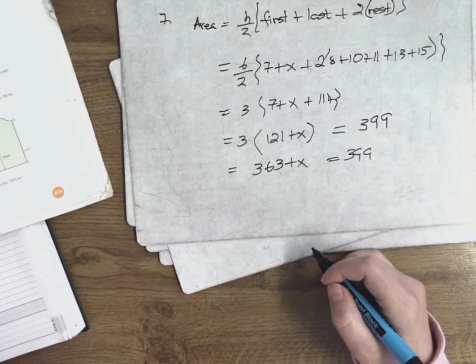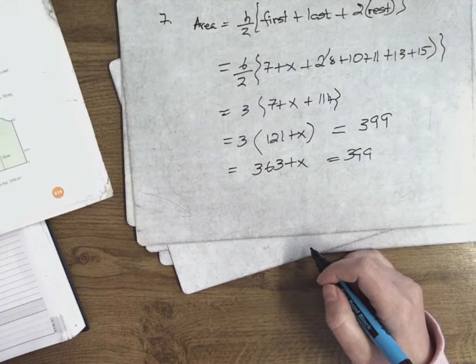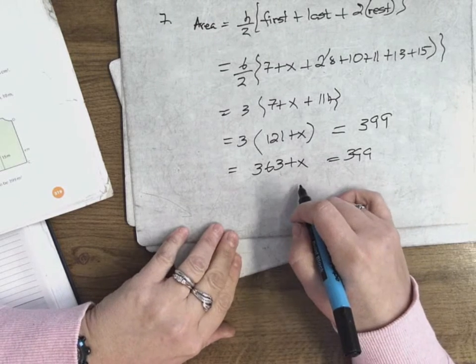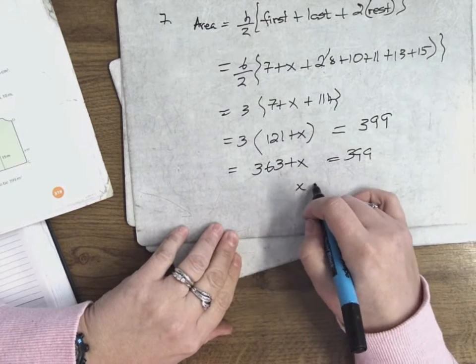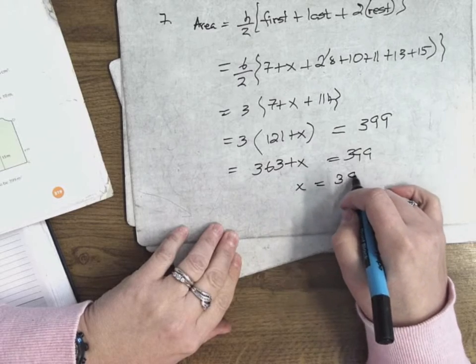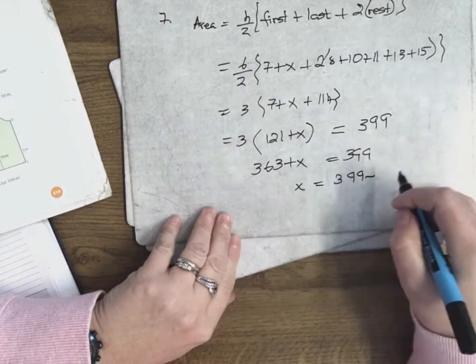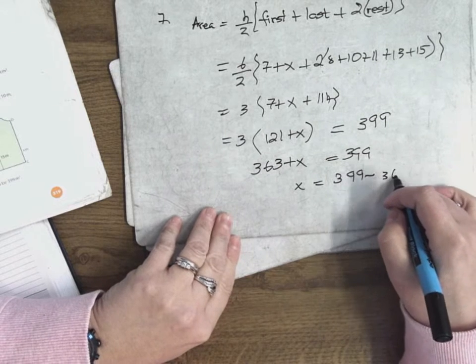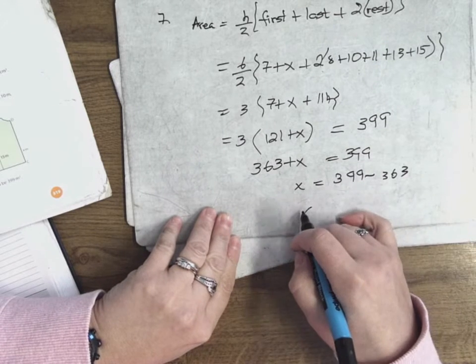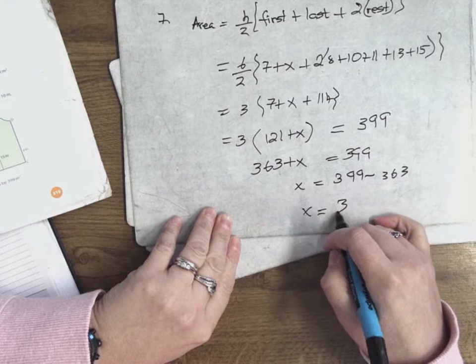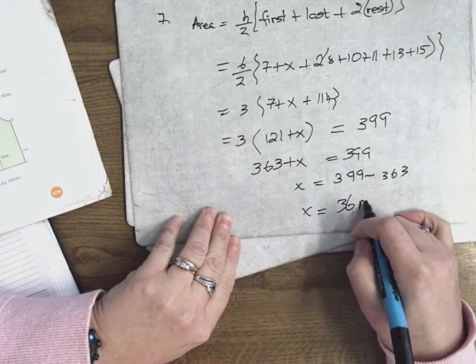So I'm thinking I've gone wrong somewhere. Right, x is on one side, numbers on the other, so the 363 comes over, and x is equal to 36 meters.